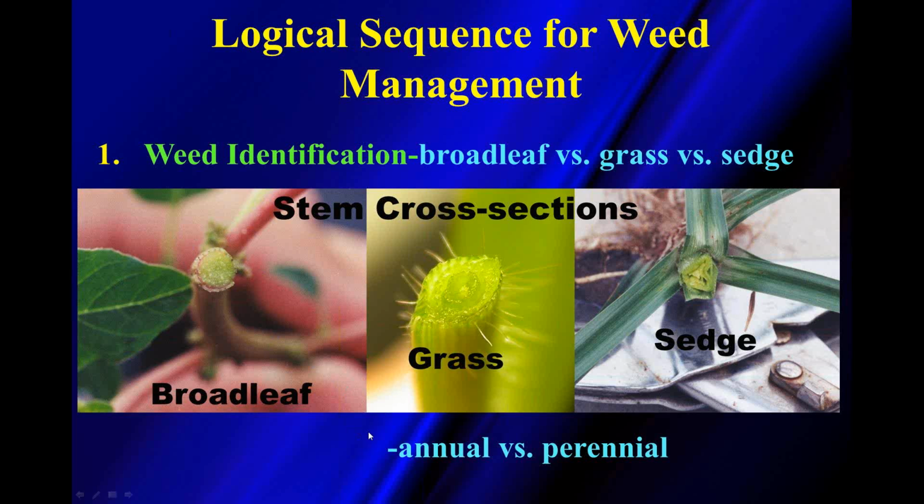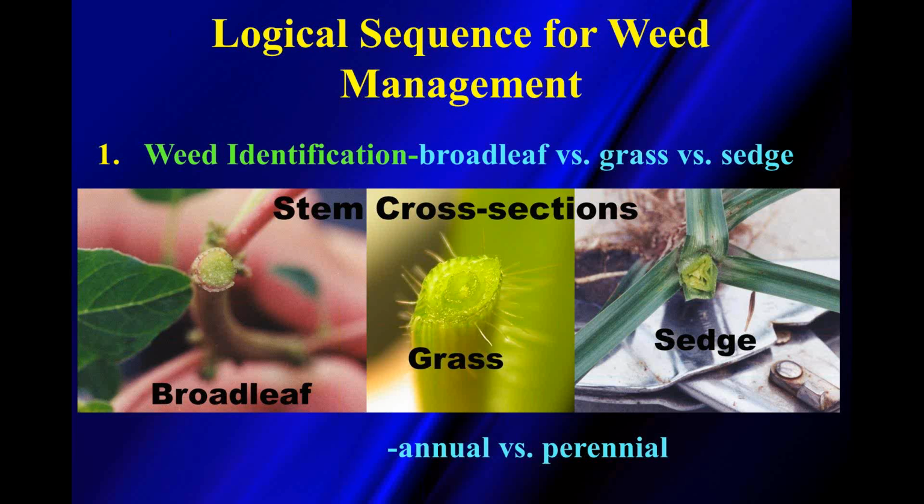And then in the case of broadleafs, the easiest way to determine whether or not you have an annual or a perennial is if you extract the plant from the soil or pull the plant up. Especially if it's young, if it has either a very simple fibrous root system or a simple taproot system, and it doesn't look like it's broken off of something fleshy underneath, then you've likely got an annual plant.